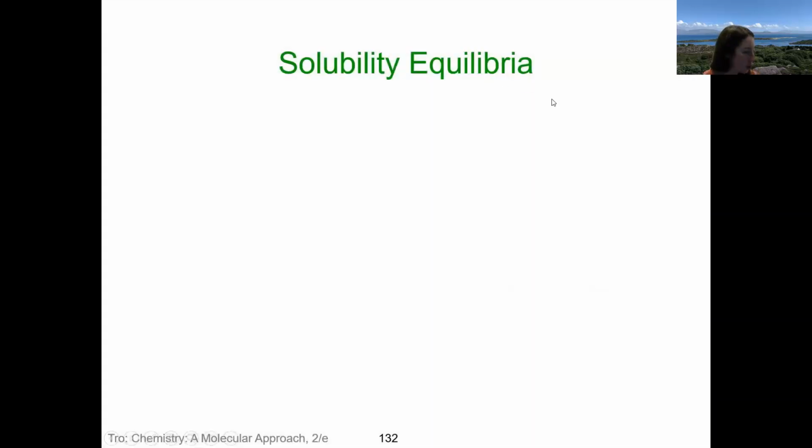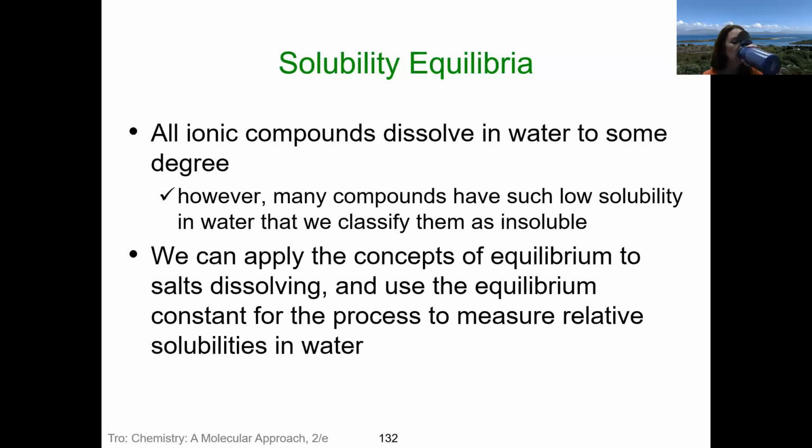Now we're going to talk about solubility equilibria. And we sort of saw this a little, actually we've been seeing this in lab the whole semester. And we're about to change your rules about what insoluble means.